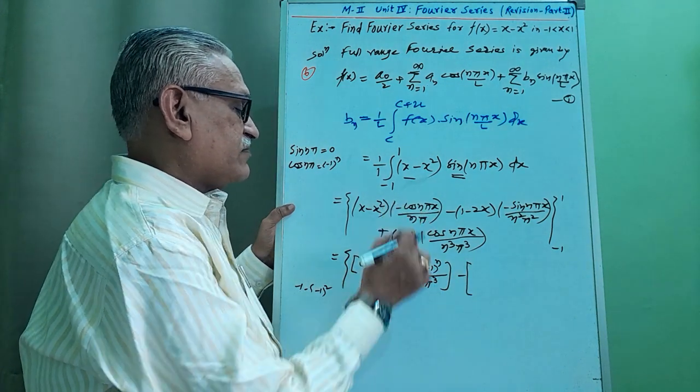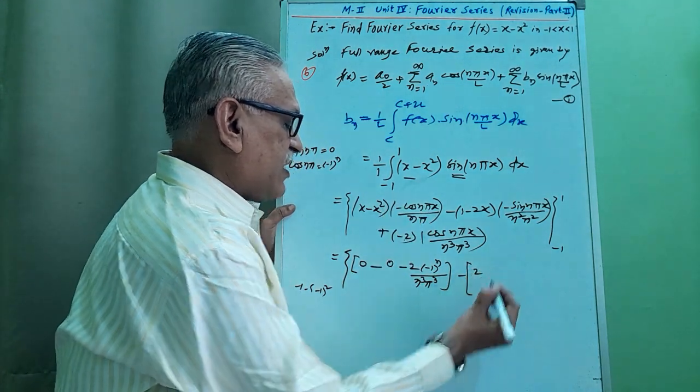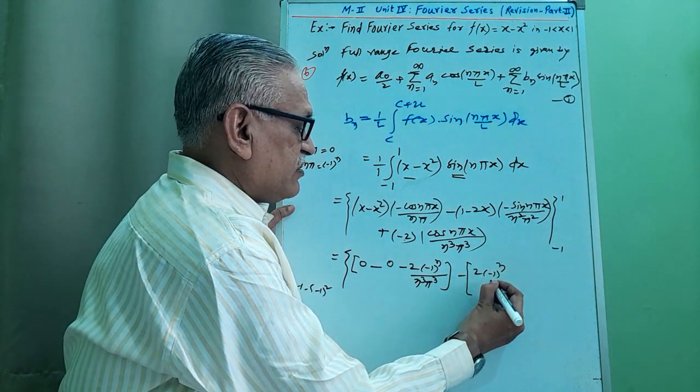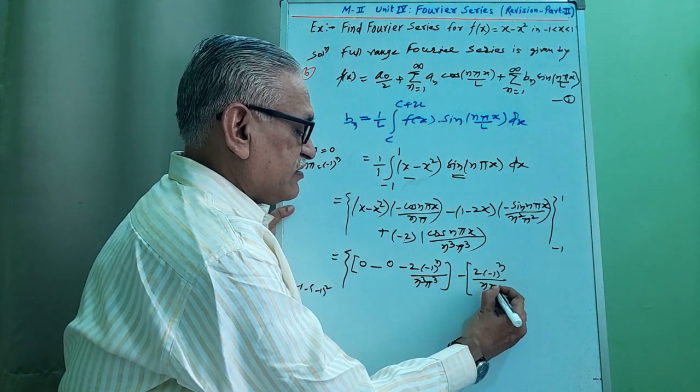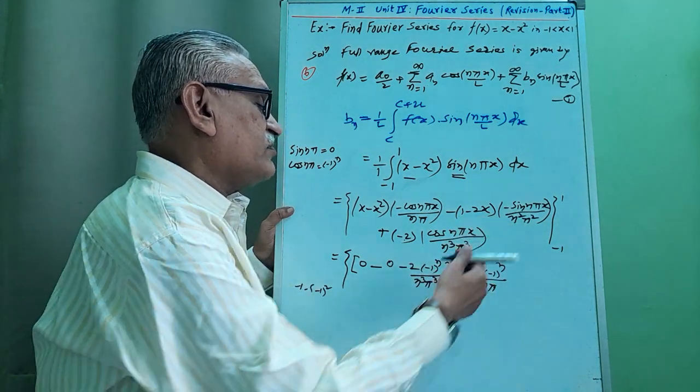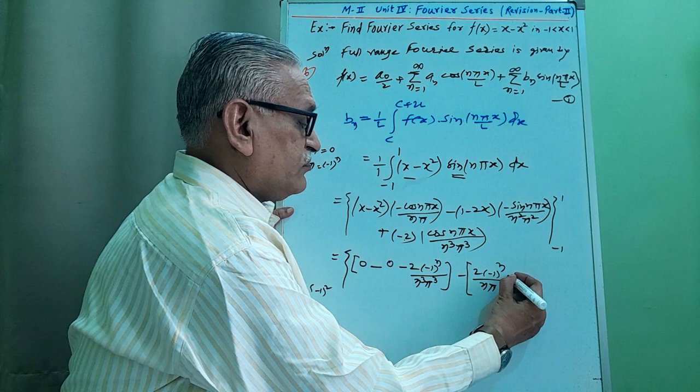and again minus, therefore it becomes 2 times cos of n pi, minus 1 raised to n upon n pi, sin n pi is 0, therefore this becomes 0.